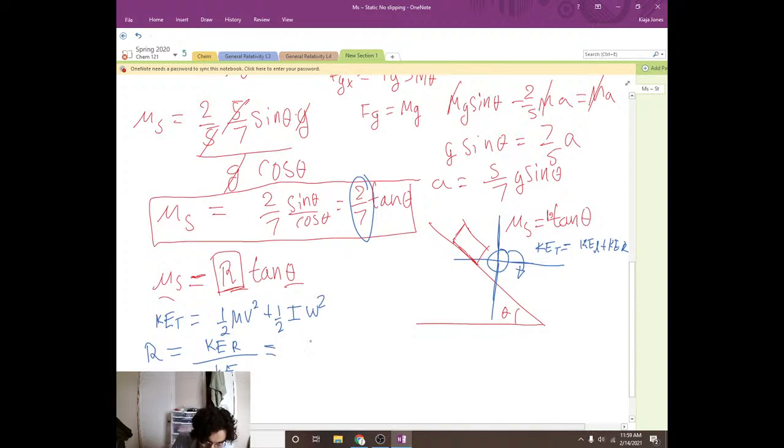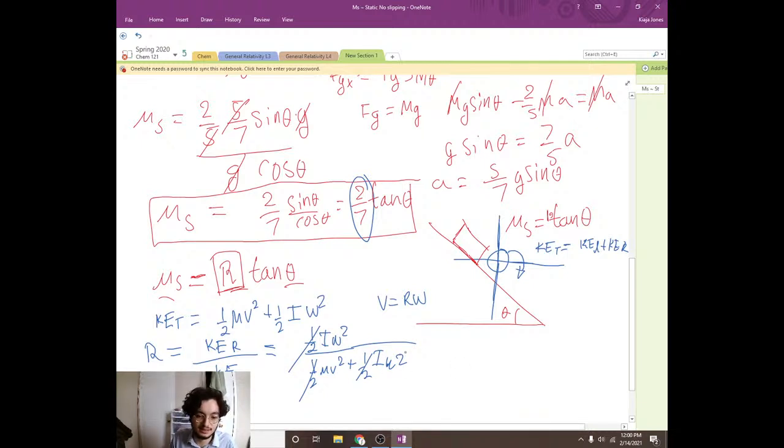And this is pretty much 1/2 I omega squared over 1/2 m v squared plus 1/2 I omega squared again. Now, the interesting thing is we can factor out the 1/2s and they go away. We can also substitute the velocity by r omega, because we're assuming that we are just at the threshold of going from not slipping to slipping and rotating, but we're assuming that there's no slipping.